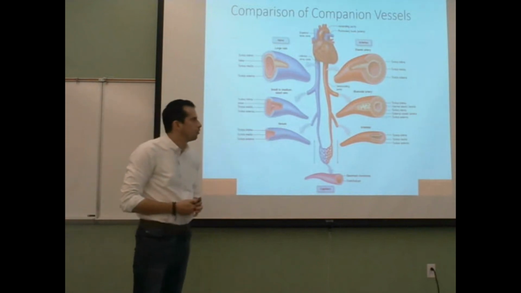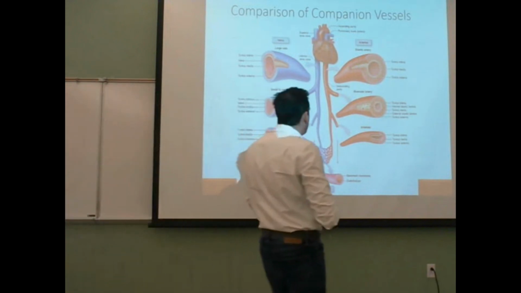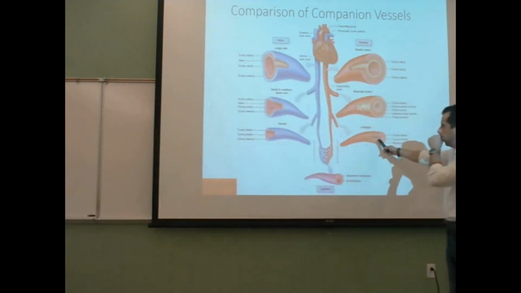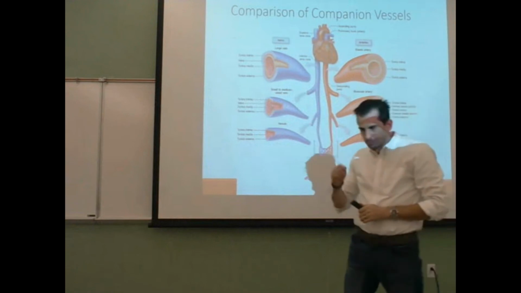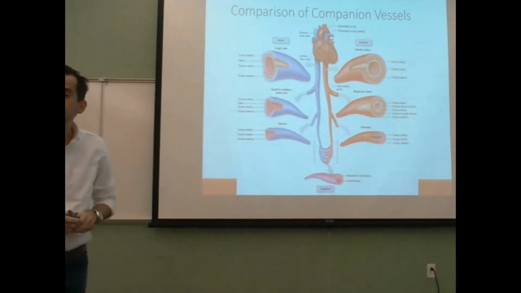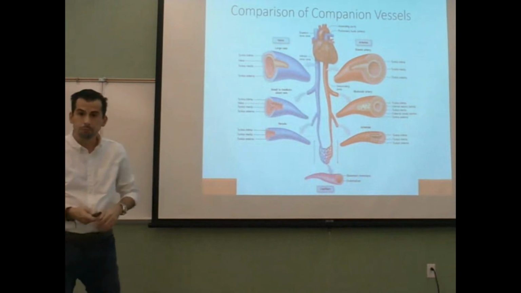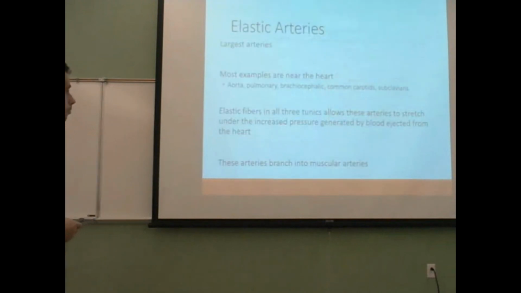We've got arteries that are smaller that we refer to as muscular arteries. And then we have the smallest of arteries called the arterioles. Now, they have some nuances to their categorizations that we can kind of pick apart a little bit, make it a little bit more interesting.